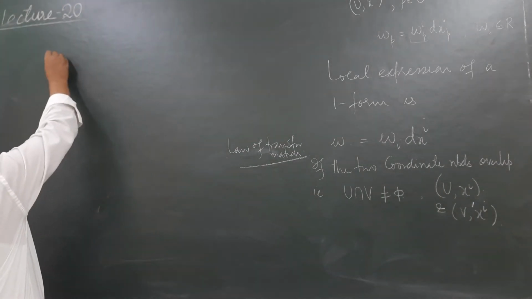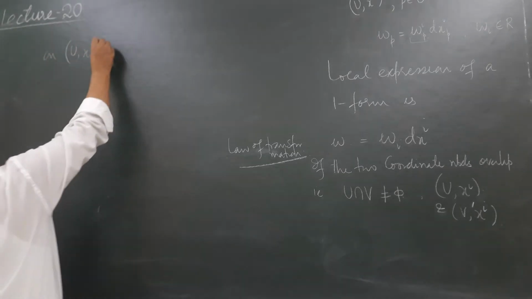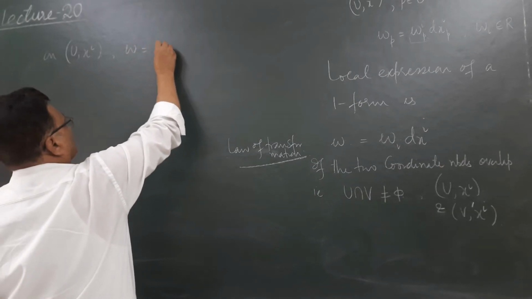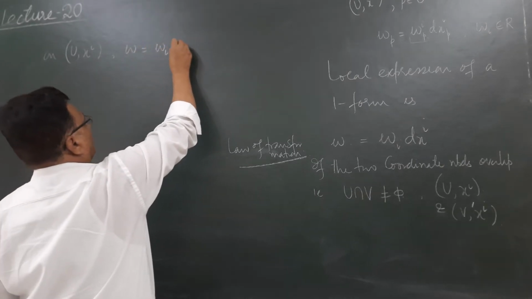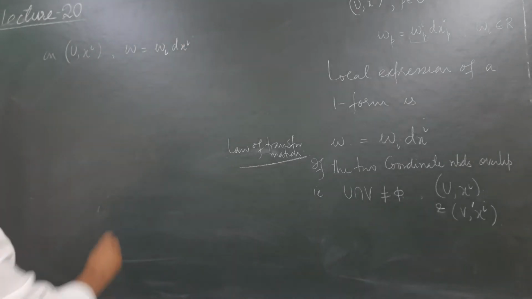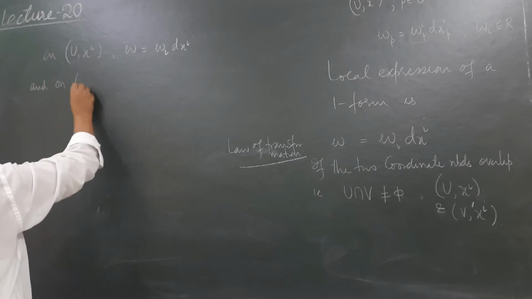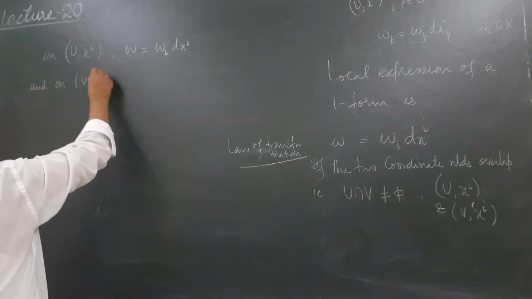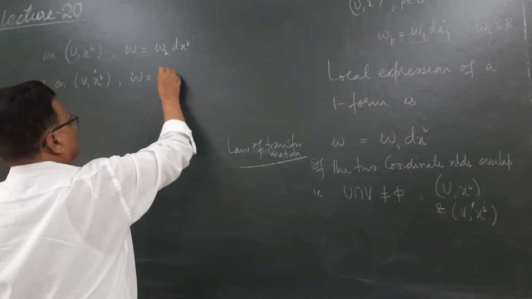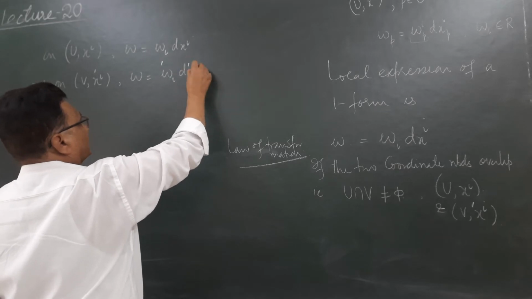So suppose on U with coordinates x^i, omega is written as omega_i dx^i. And on V with coordinates x'^i, omega is written as some omega'_i dx'^i.